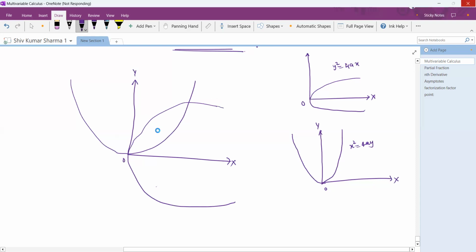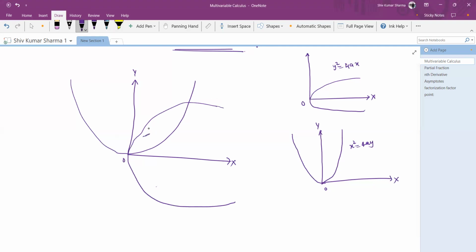We are going to calculate the area between these two parabolas. This is our required area. So we are going to calculate the area of this region. Now this is the intersection point and this is the origin. Both the parabolas pass through the origin. The coordinate of the origin is 0, 0.